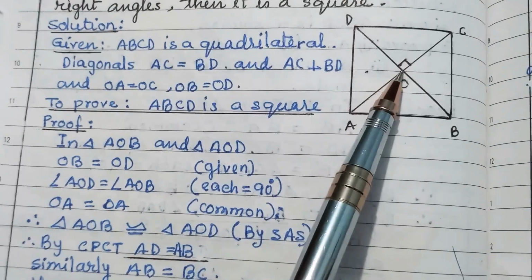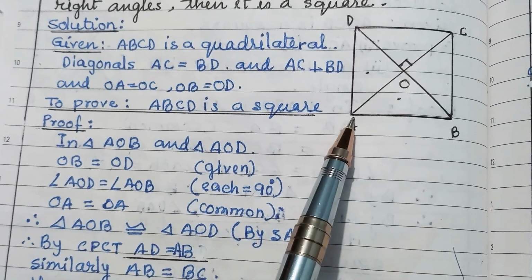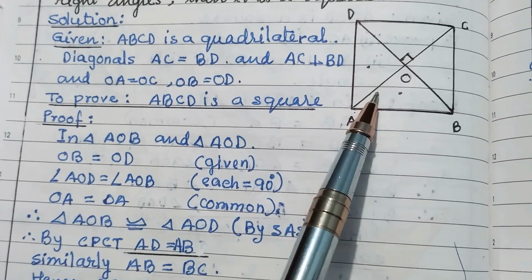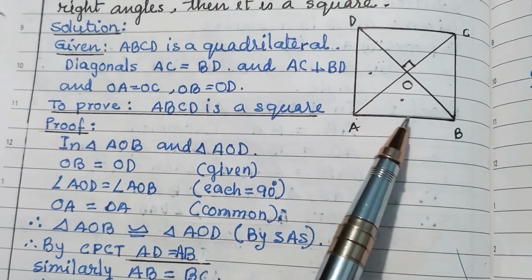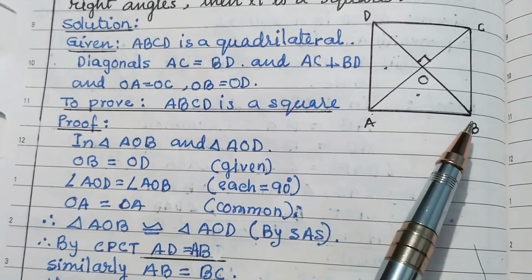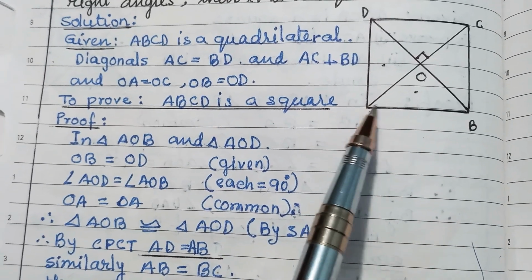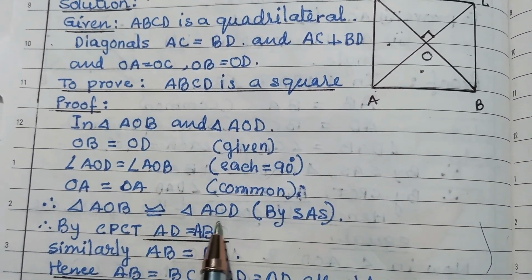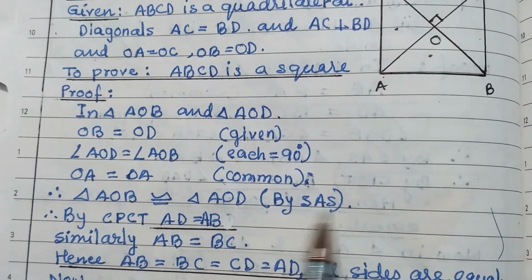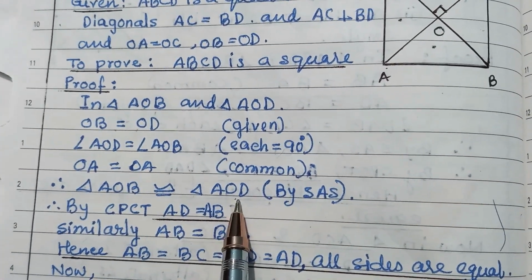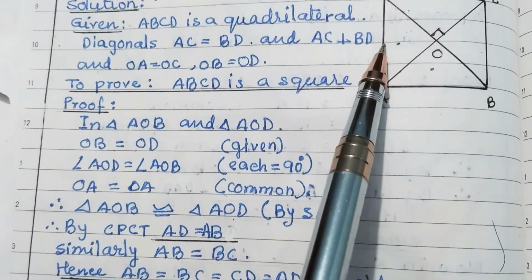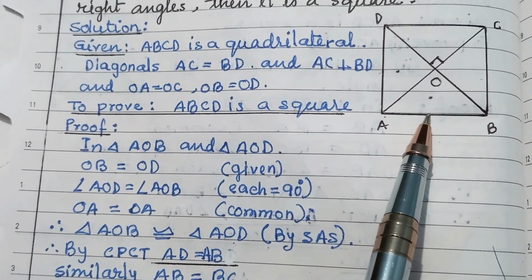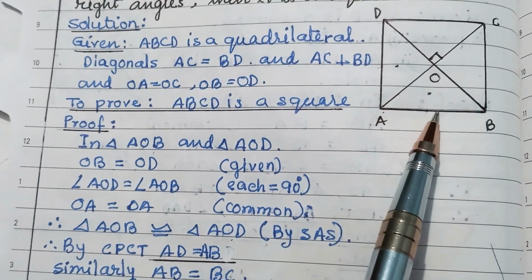And OA is common. Then by the side angle side congruency rule, triangles AOB and AOD are congruent. By CPCT, AD is equal to AB. Got it? These two sides are equal.